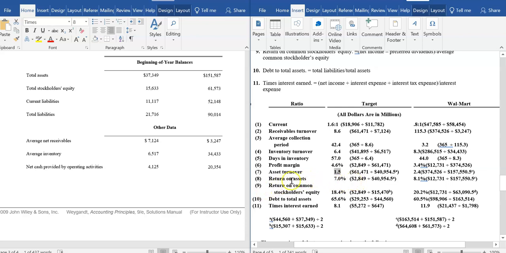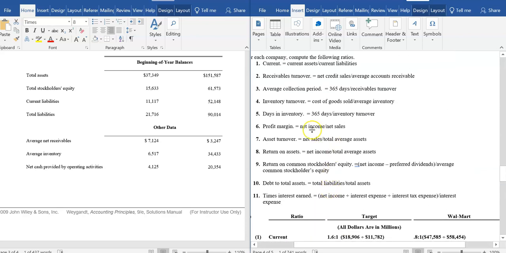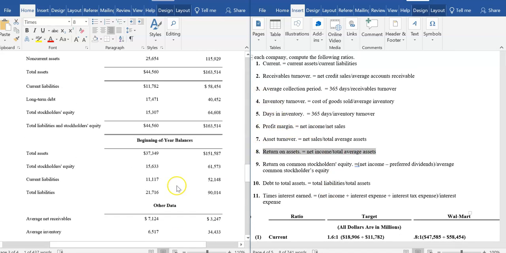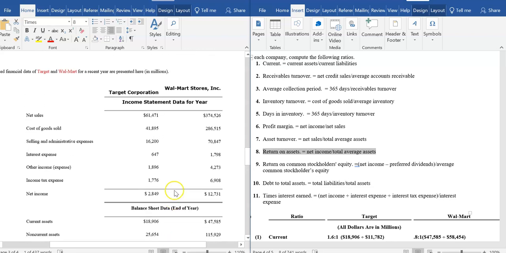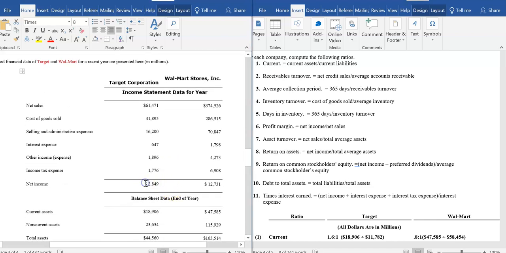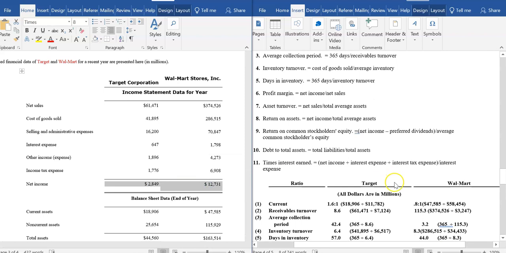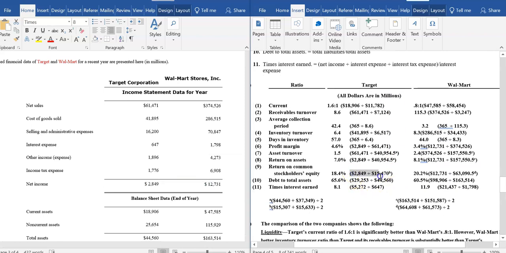Return on assets is going to take the dollar amount of net income and divide by that same total average assets for the year. Net income is right off of the income statement. Divide by the average assets that we used in our asset turnover ratio.